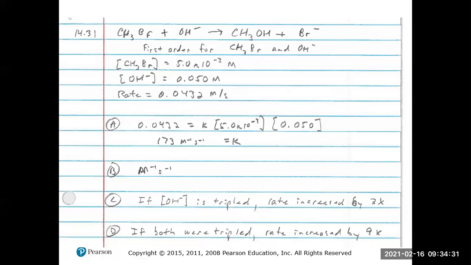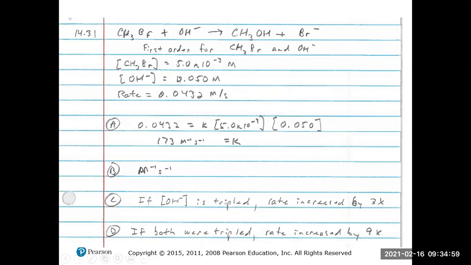We're told that the concentration of methyl bromide is 5 × 10⁻³ molar, the concentration of hydroxide is 0.050 molar, and the reaction rate at 298 K is 0.432 molar per second.